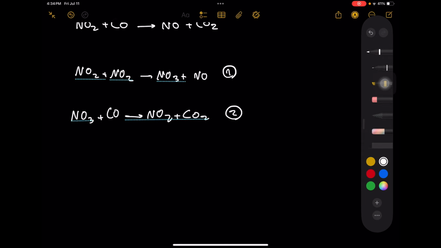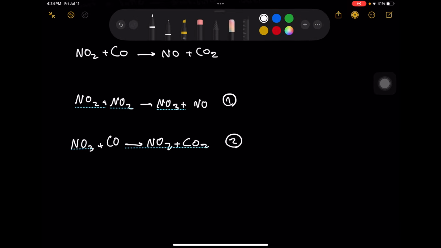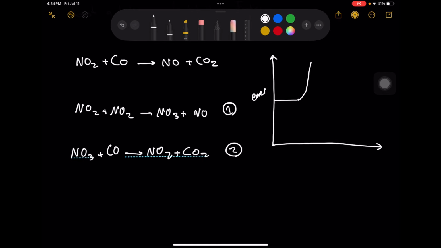And if we want to draw the graph of this reaction, I'll draw it here to be more visualized. Okay, the reactants are here, and the EA, the activation energy, would be something like this.